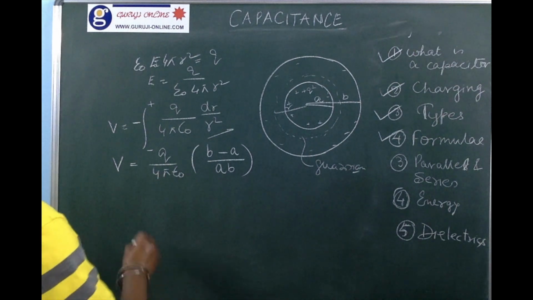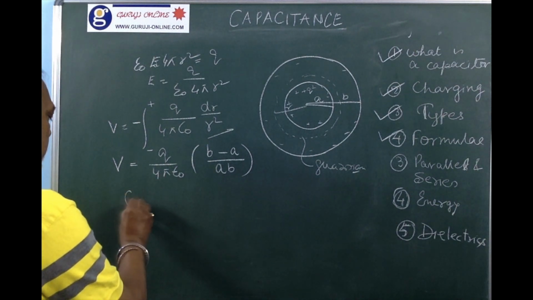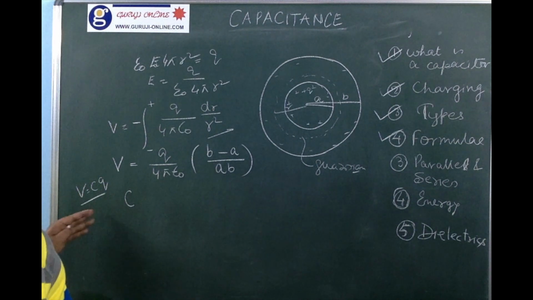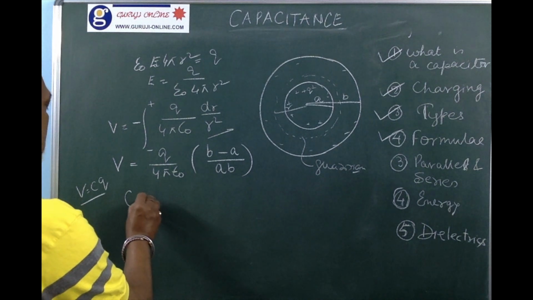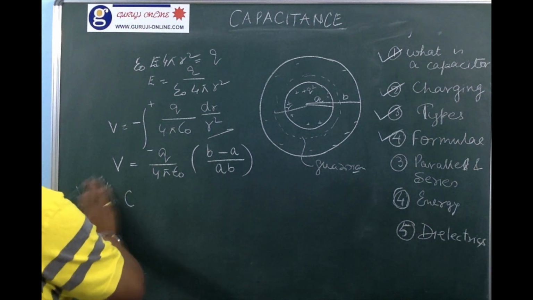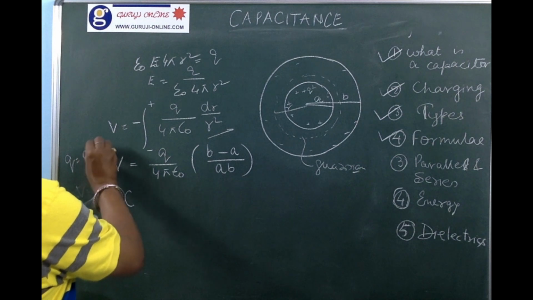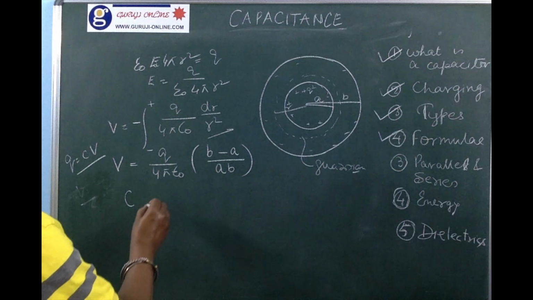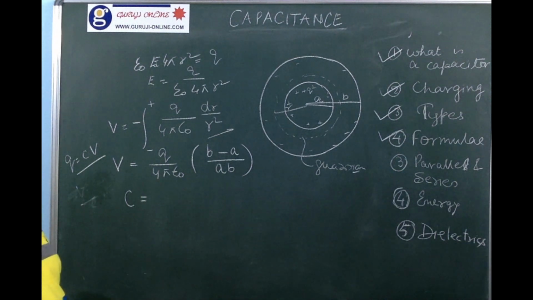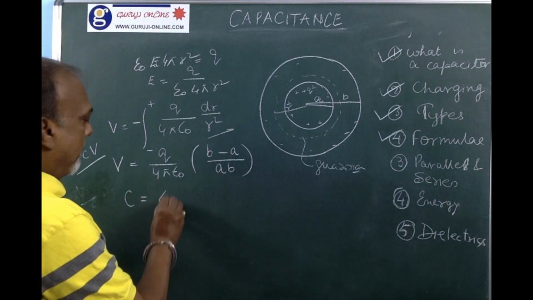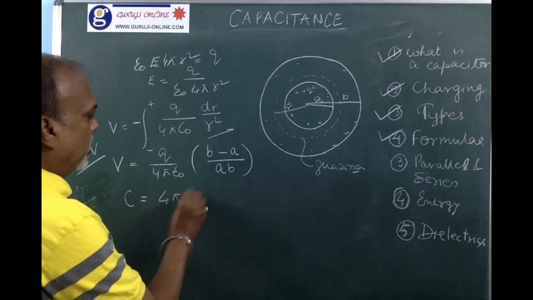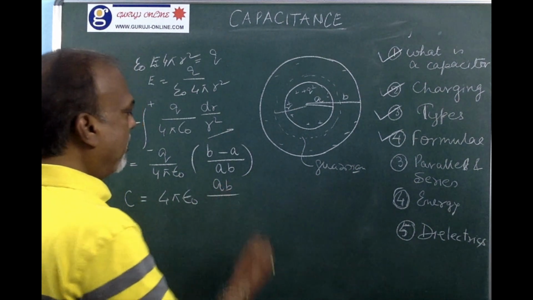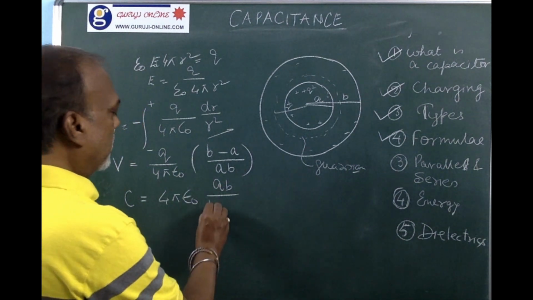From here, what will be your C? Naturally Q is equal to CV, so C will be nothing but 4 pi epsilon 0 AB upon (B minus A).